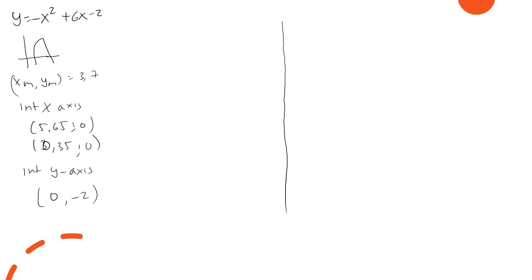Okay, now let's draw it. I'll make it bigger. We have the points (3, 7), (0, -2), (0.35, 0), and (5.65, 0). The range is 0 to 5 for x and minus 2 to 7 for y. I like to put it like this because I can see the range.